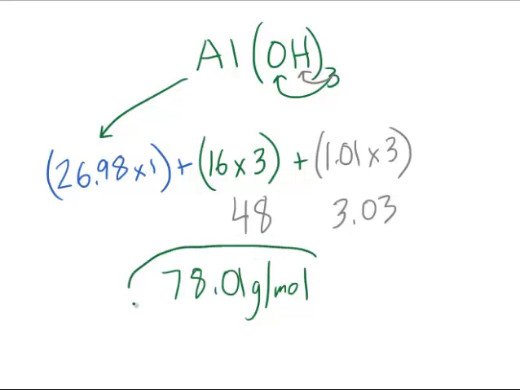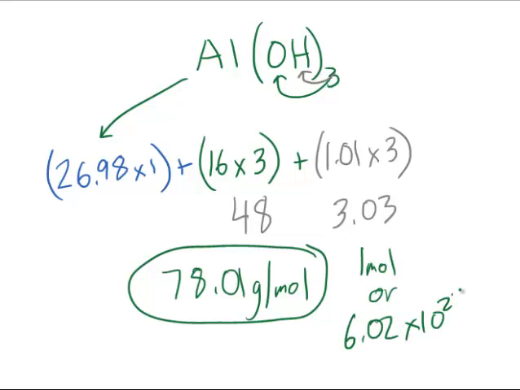So that means if you get 1 mole of aluminum hydroxide, it weighs 78.01 grams. Or in other words, if you got 6.02 times 10 to the 23rd of this compound, it would weigh 78.01 grams. So please do the practice, and thanks for watching the video.